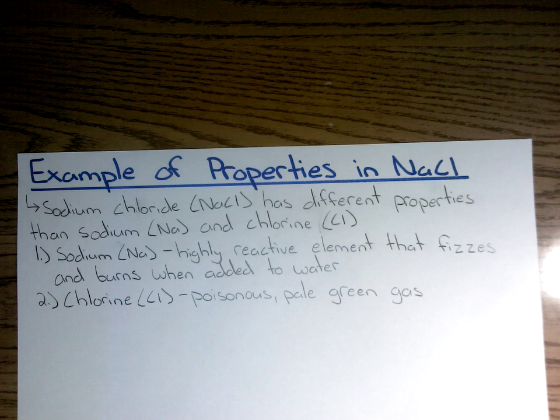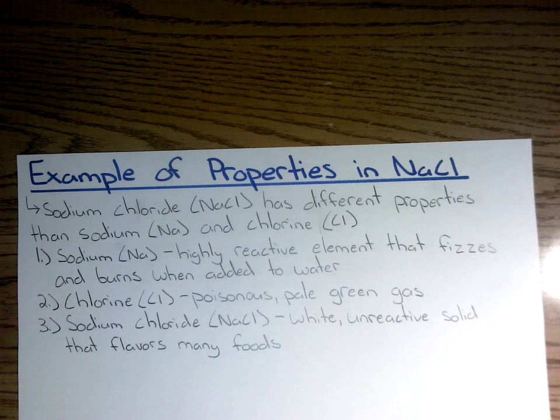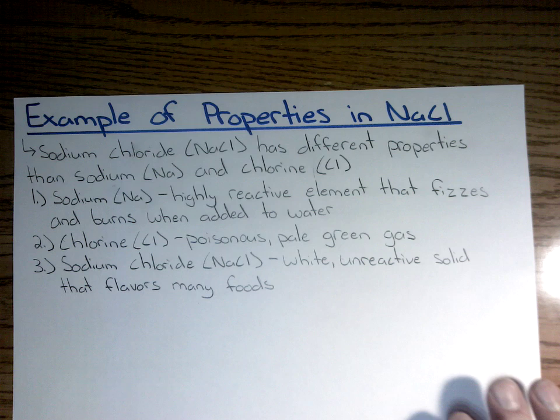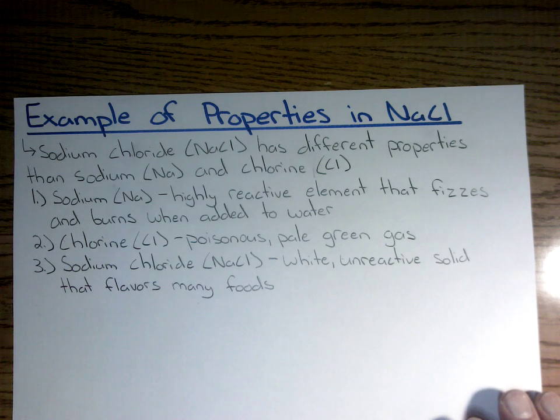However, when you chemically combine sodium and chlorine, you produce sodium chloride, which is a white, unreactive solid that flavors many foods. Now, the difference in properties between individual elements and their compounds is a result of a chemical reaction between those elements involved in the compound.